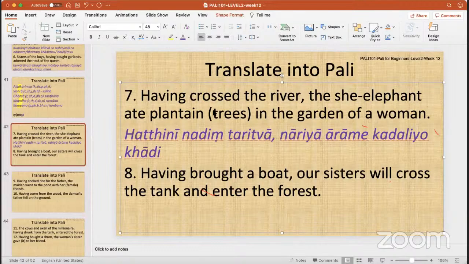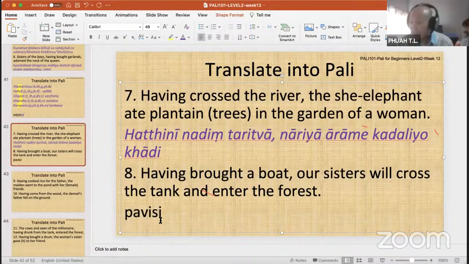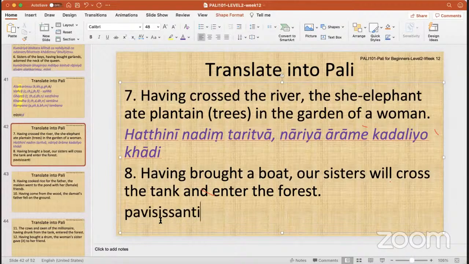Having brought a boat, our sisters will cross the tank and enter the forest. Okay, so will enter. Pavisati will become Pavisissanti.